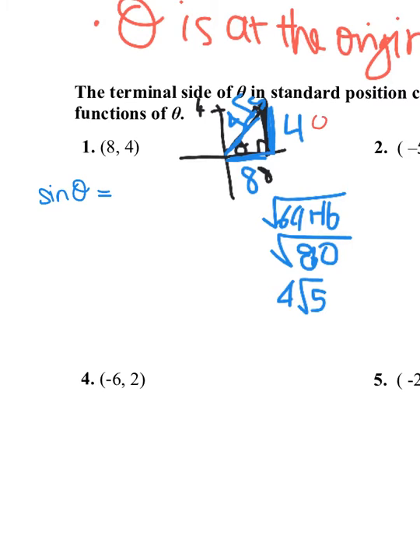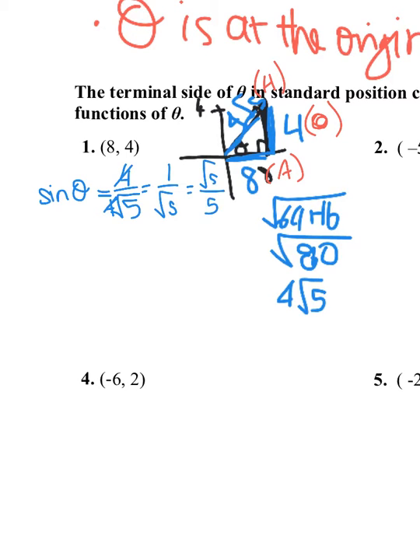This would be opposite, this would be the adjacent side, and this is our hypotenuse. Still using SOHCAHTOA, I have opposite over hypotenuse, which simplifies down to 1 over rad 5, which is rad 5 over 5.